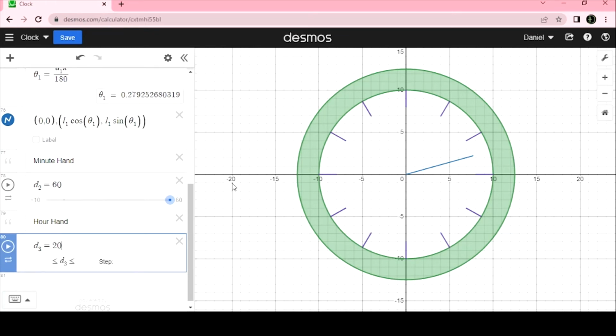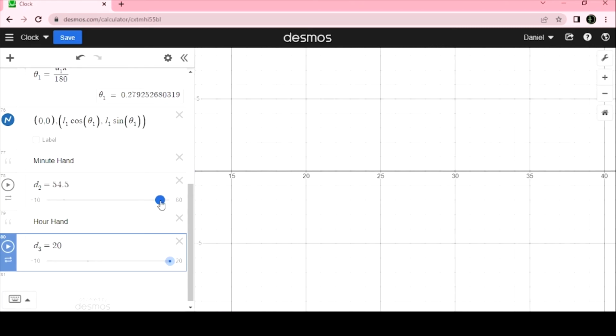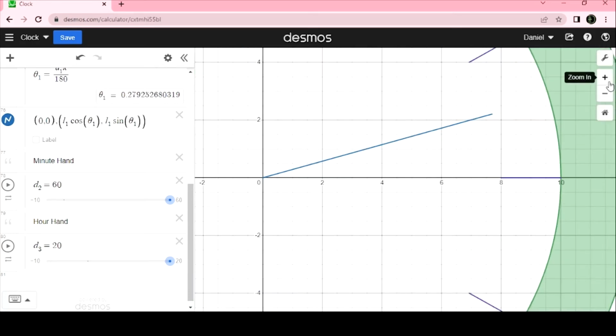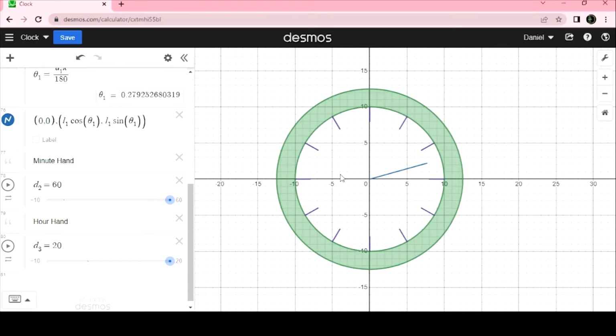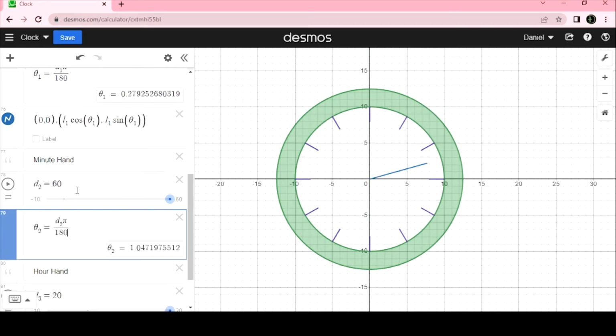Try to pick at least some nice-ish numbers. Zoom back in just so you can see it. That's too much. There we go. It'll be the same kind of math: multiply the angle by pi over 180.